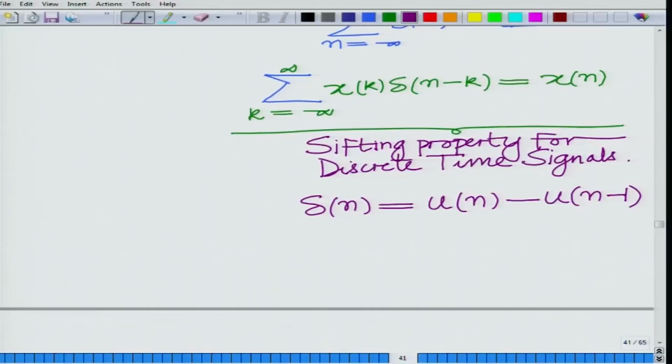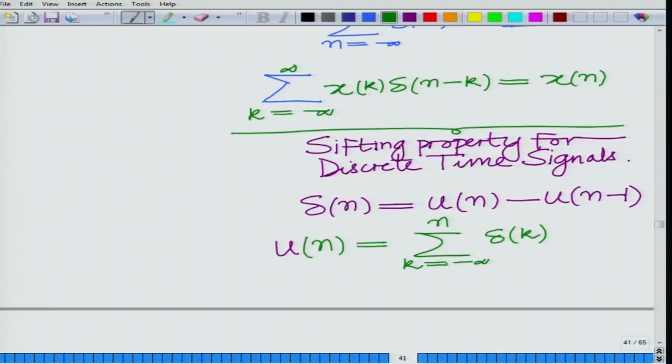Okay. And similarly, un can alternately be written as summation, you can verify this, k equal to minus infinity to n of delta of k.